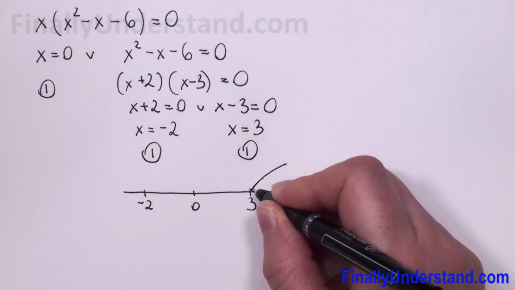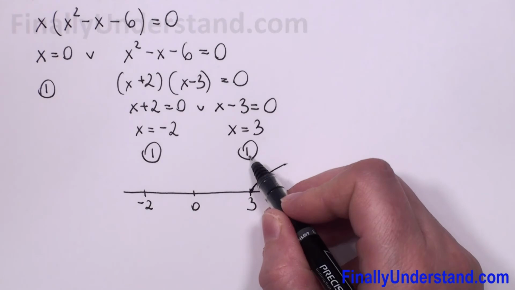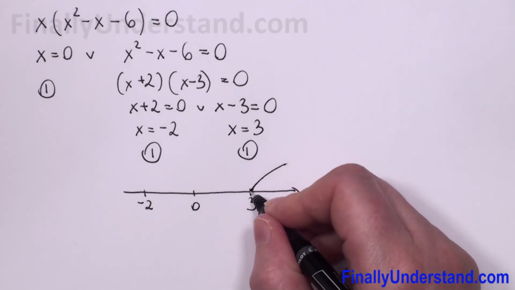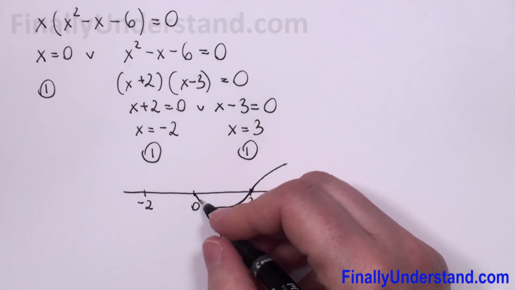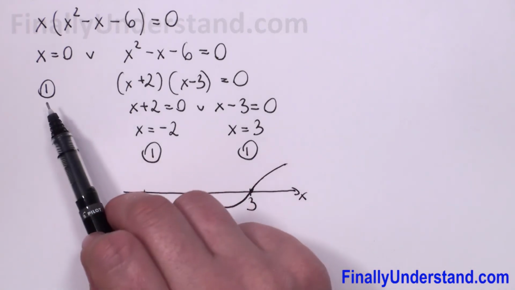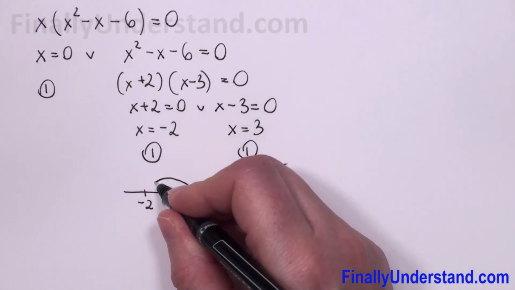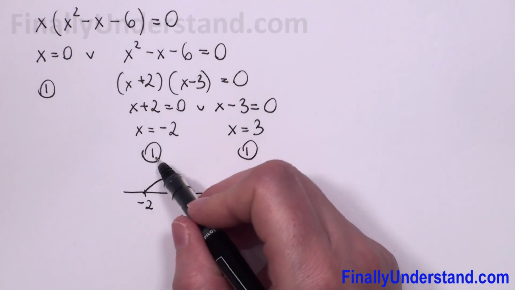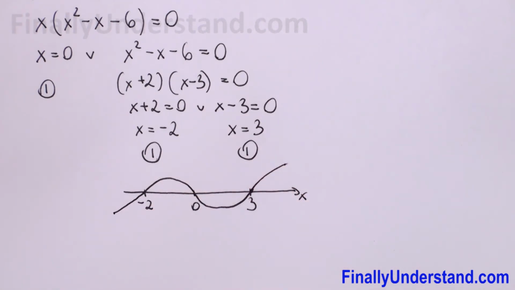We are at the first root, 3. Because 3 repeats only one time, we can pass this 3 and go to the next root, which is 0. 0 repeats one time, so we can pass this root and go to negative 2, and negative 2 repeats one time, so we can pass this negative 2.